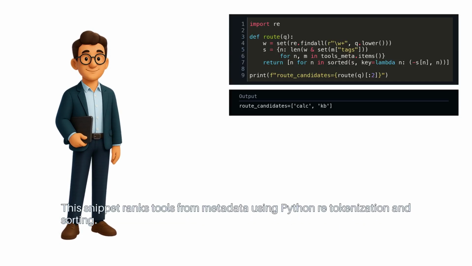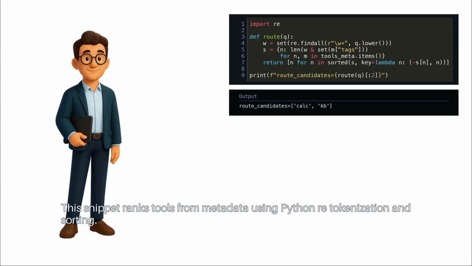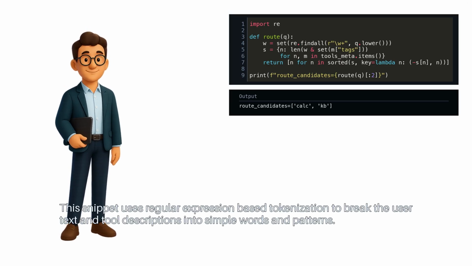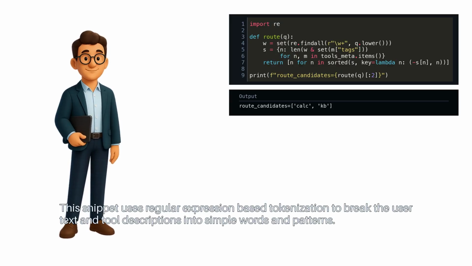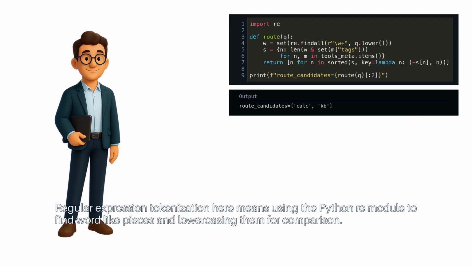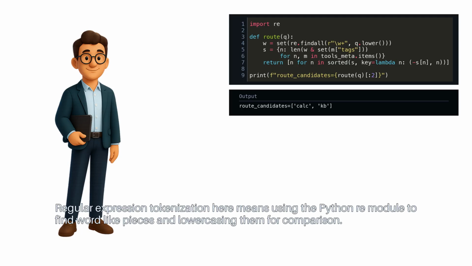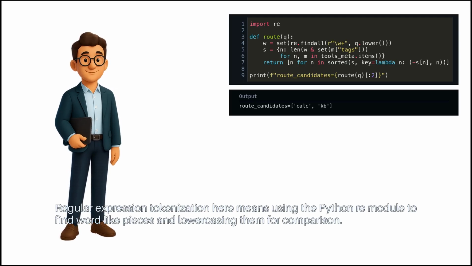This snippet ranks tools from metadata using Python RE tokenization and sorting. This snippet uses regular expression-based tokenization to break the user text and tool descriptions into simple words and patterns. Regular expression tokenization here means using the Python RE module to find word-like pieces and lowercasing them for comparison.